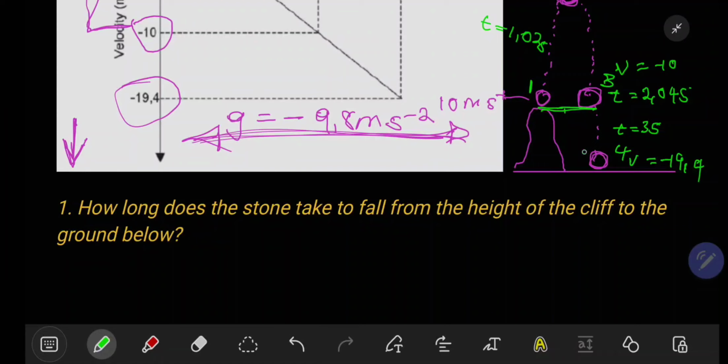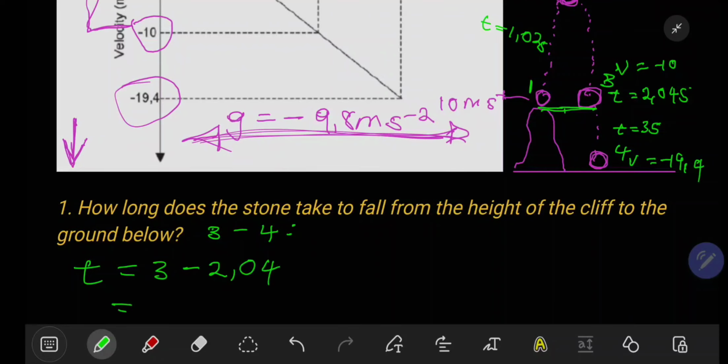So they want the time from point 3 to point number 4. So we have to subtract the time on the last point from the previous one. So it means the time it takes, we're going to say t is equals to 3 seconds minus 2.04.